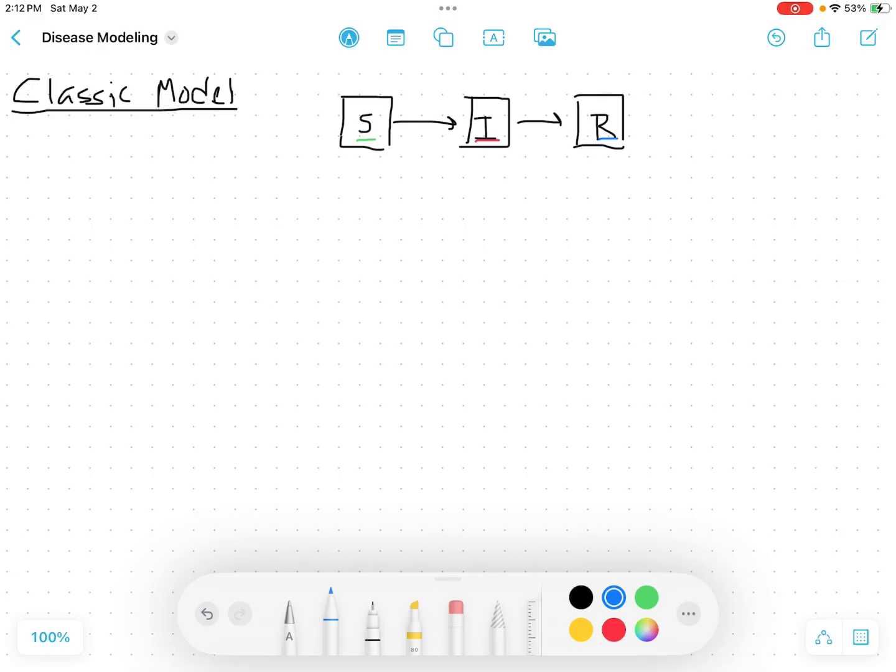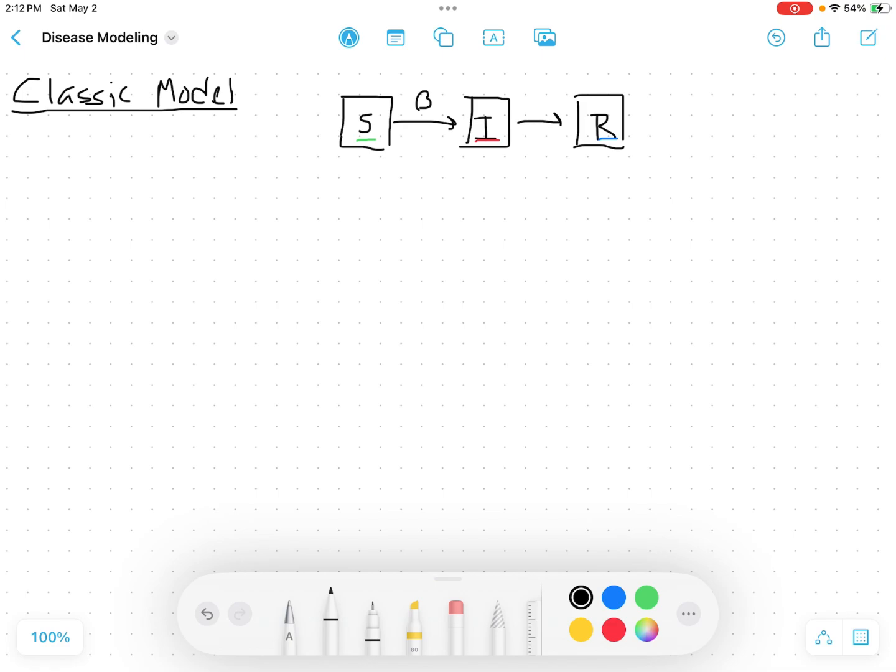So, analyzing this, we should begin with a few pieces of notation. In particular, we're interested in rates at which individuals move from one compartment to another.